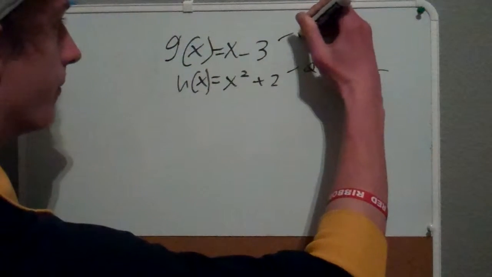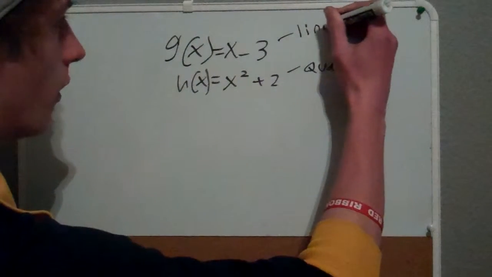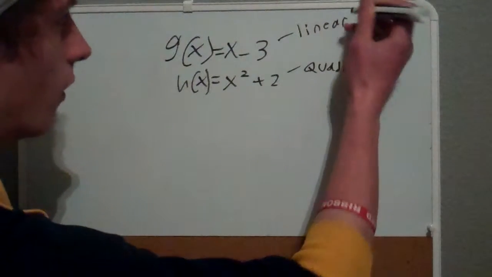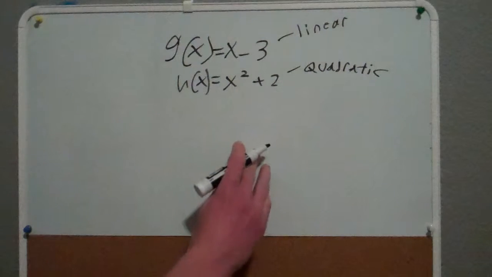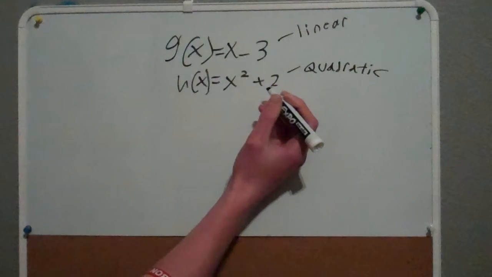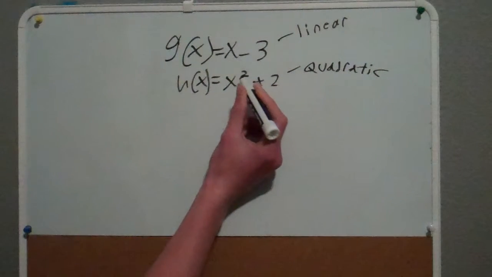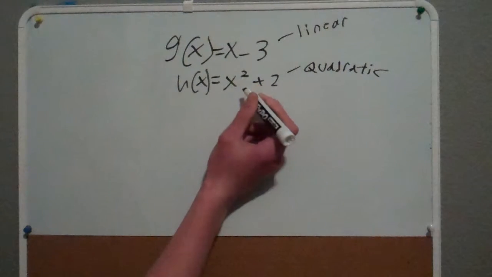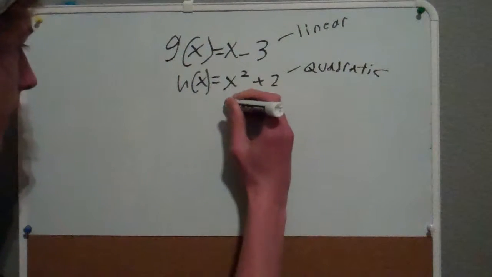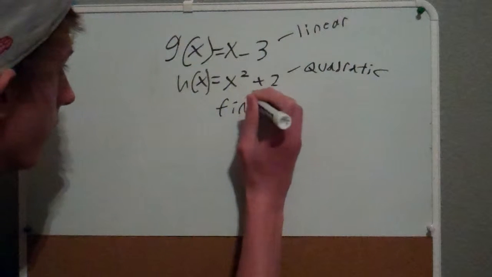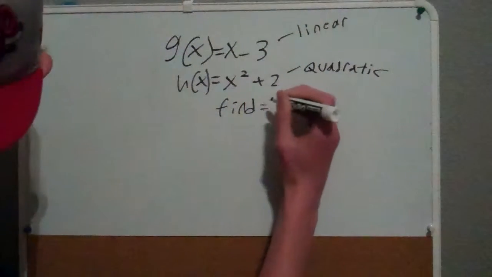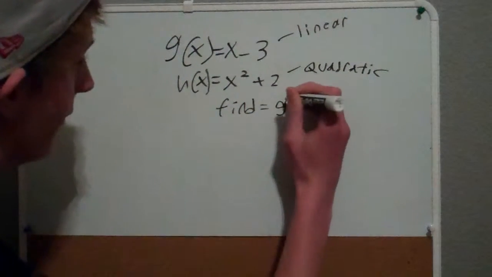And this is your linear. Now, with your quadratic, whatever you first see, you have your x squared. So what you do is, when we put up what we're trying to find and then simplify it, it'll probably be a lot easier if we know what we're looking for.